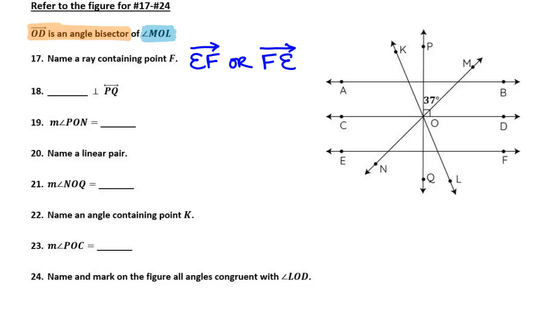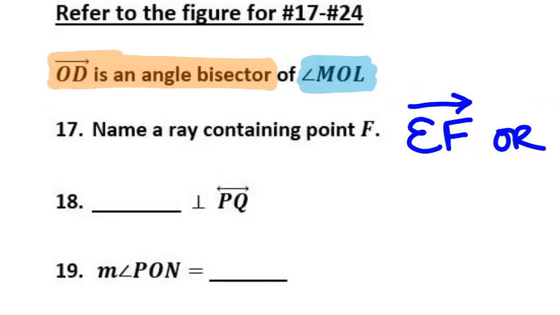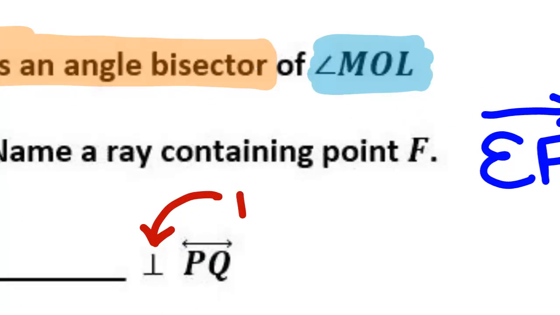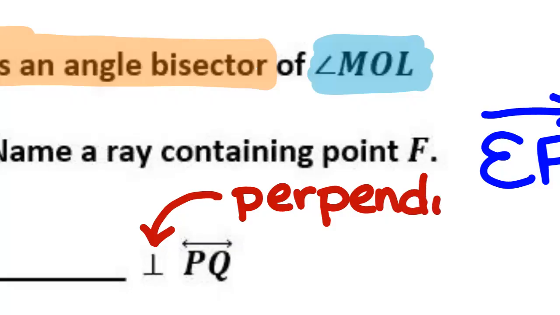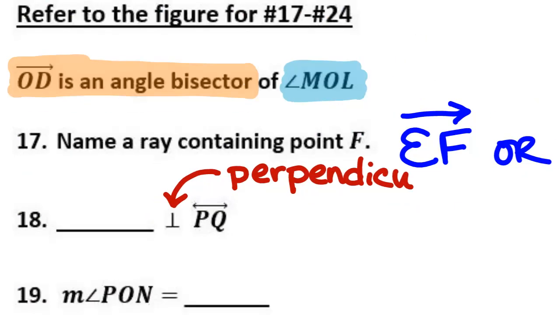Number 18. Something is upside down capital T, line PQ. Does anybody remember what this upside down capital T means? It means perpendicular. That's absolutely correct. And what does perpendicular mean?